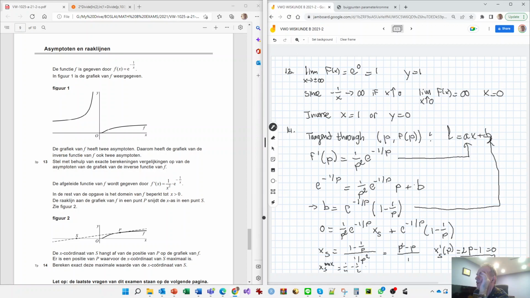This is correct. So the slope is correct. Did I make a mistake solving this? This is the function f at p. The slope is p, or b is this. That is also correct.